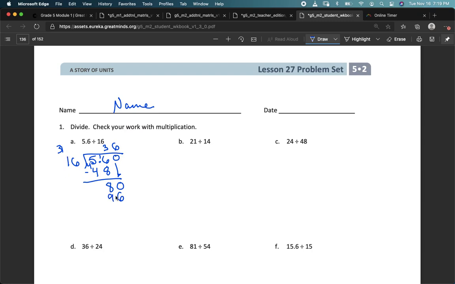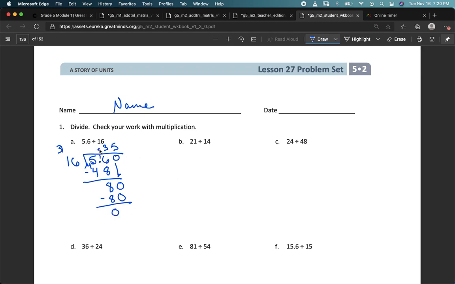Oh, I did it again. I went above, so I'm going to take that back down to 5. My estimating isn't going very well today. 5 times 6 is 30. Carry the 3. 5 times 1 is 5, plus 3 is 6, 7, 8. And there is 0. Wonderful.